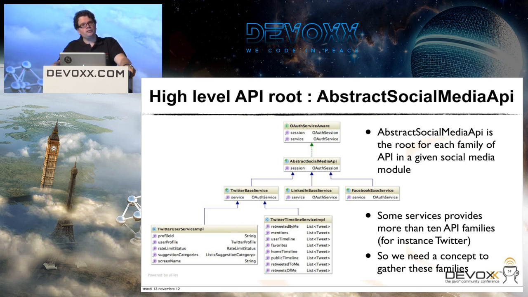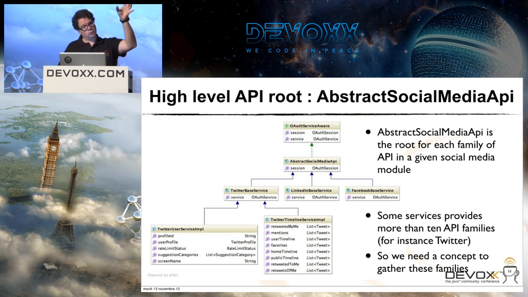So if you go to the Twitter developer portal, you will see that all this API is organized by family. So the idea is to provide a way to be as close as possible to this way of organizing API.